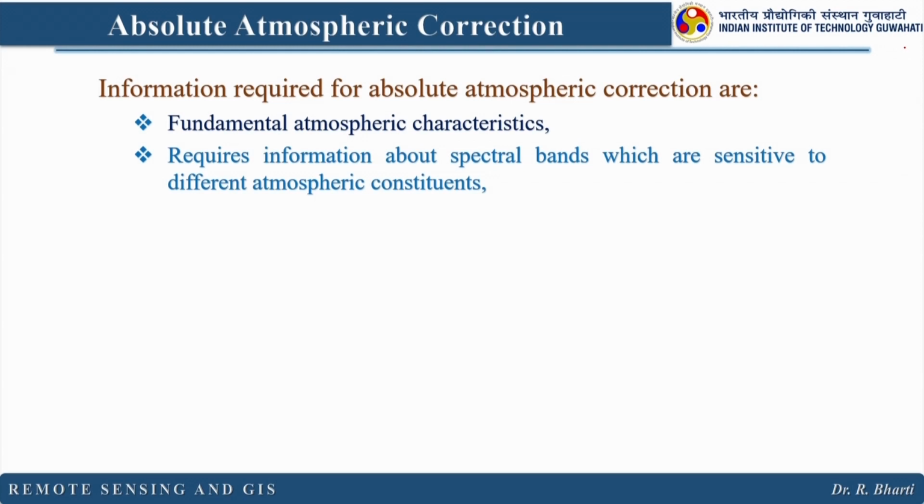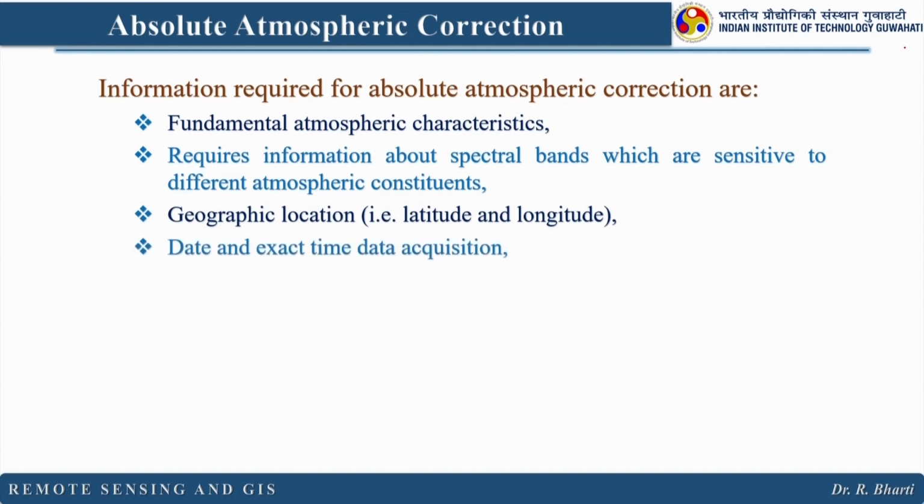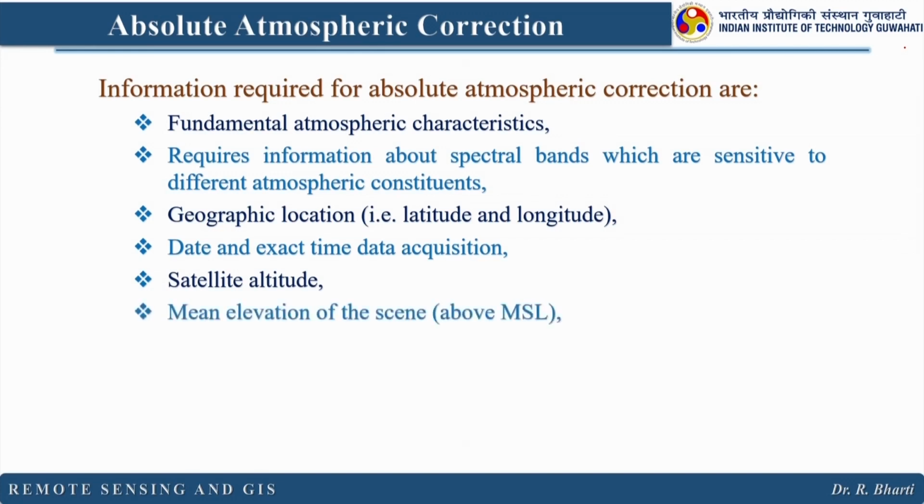We have seen that image with different bands. Remember, geographic location, what is the location of your study area, latitude, longitude, date and exact time of data acquisition, satellite altitude, at what altitude your satellite has acquired that particular image, then mean elevation of the scene from sea level, so, MSL.